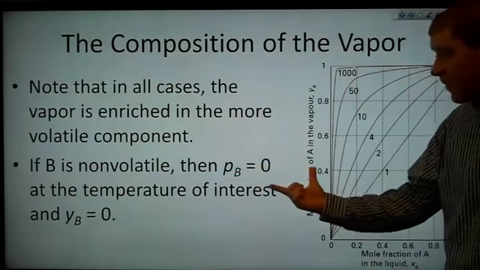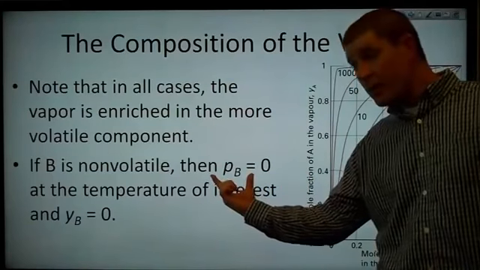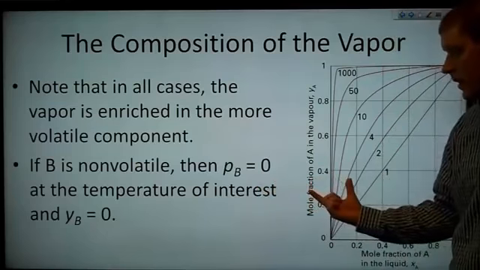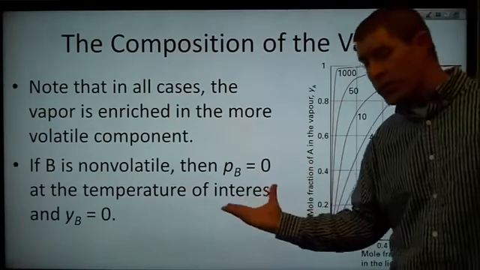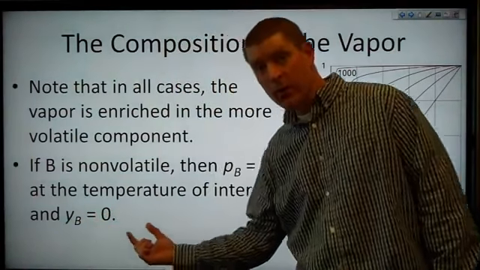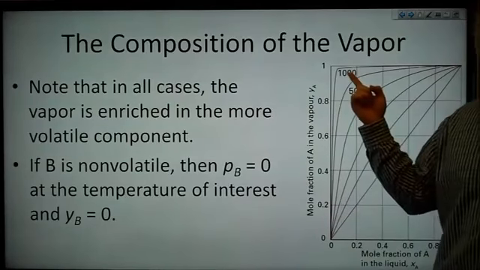So if B is non-volatile, then the vapor pressure of B is 0, at whatever temperature we're looking at at least, and that means that the mole fraction of B in the vapor is 0, which means the mole fraction of A must be 1 all the time.